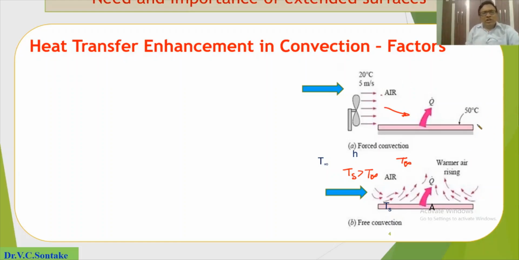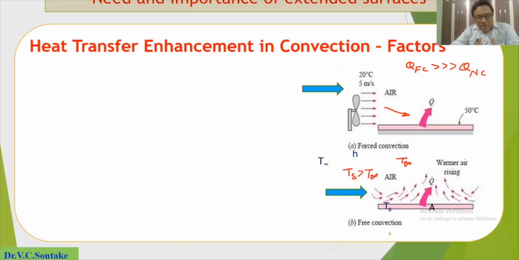So this is called forced convection. Now, as far as rate of heat transfer is concerned, the heat transfer rate in forced convection is much higher than in case of natural convection. Why it happens, we will be discussing in due course of time.